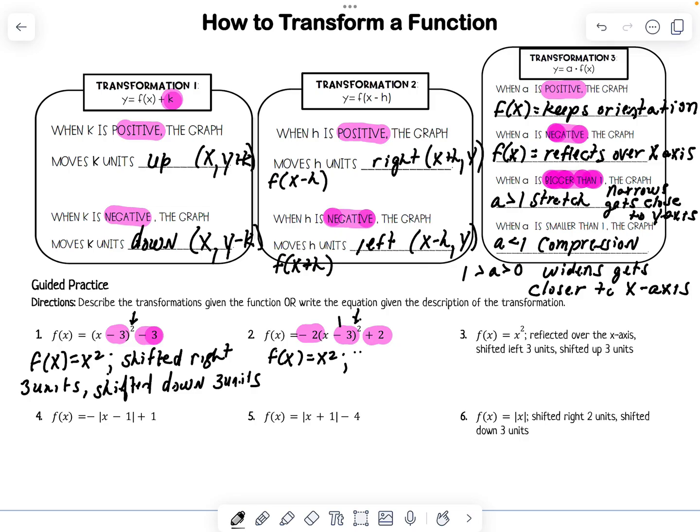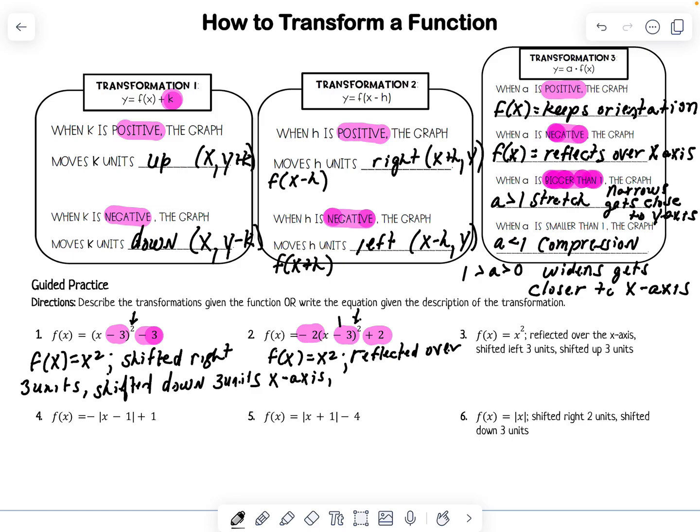Reflected over x-axis. Okay? Then it's multiplied by 2, which is greater than 1.